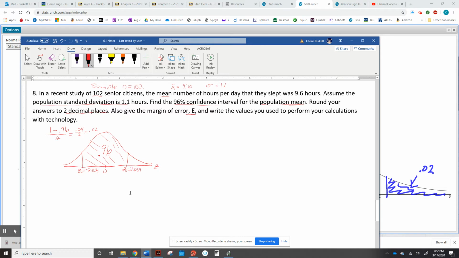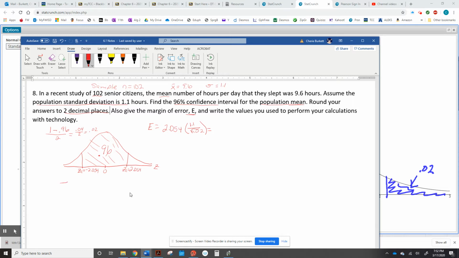Okay, so there's that. And you can calculate your margin of error by using the formula. Your margin of error, remember, is your Z-score, 2.054, times your population standard deviation divided by the square root of your sample size. That's going to be your margin of error.